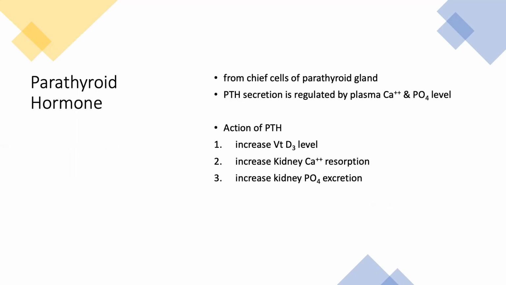These are the jobs of the parathyroid gland. It will increase the active form of vitamin D, so there will be increased calcium absorption. It increases calcium reabsorption from the kidney, but it will increase phosphate excretion, so it will lower the phosphate level.